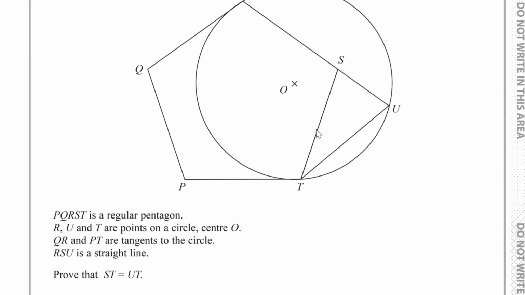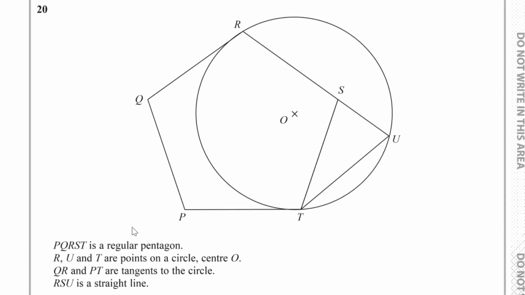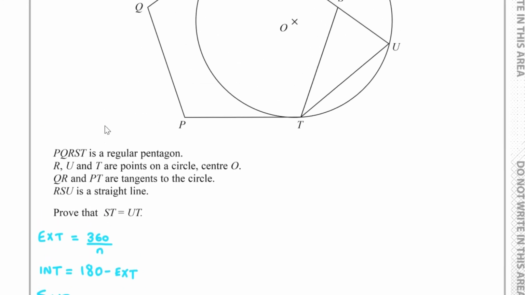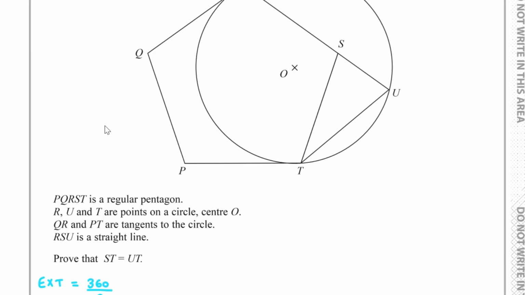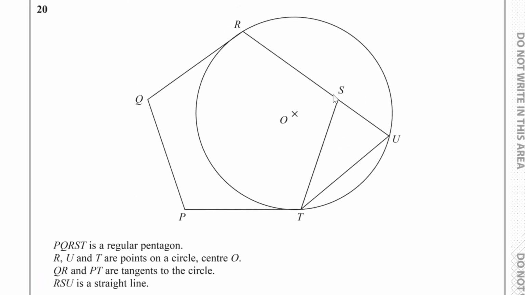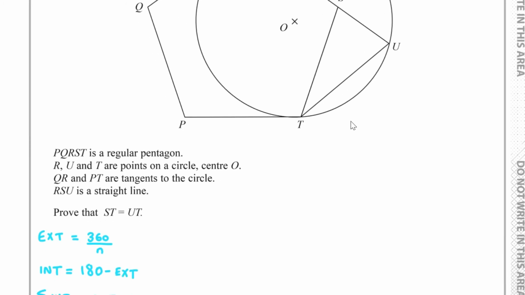So how can we go about this? Well, first of all, we've been given that we have a regular pentagon. So first of all, we know that the exterior angle is equal to 360 over n. So we have here the exterior angle of UST, let's just write this down.